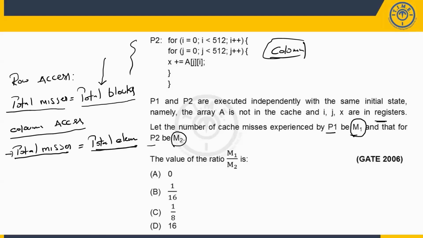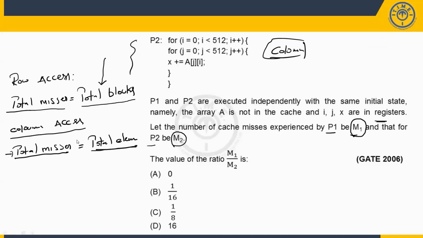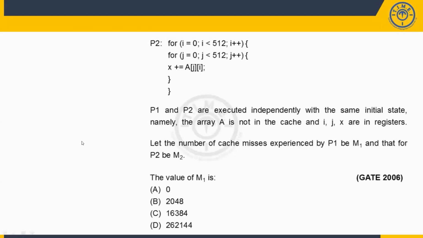We can directly calculate the column access because the array size is directly given. Array size is 512 into 512 into 8. This is the total number of elements. 512 into 512 will be equal to 262144.